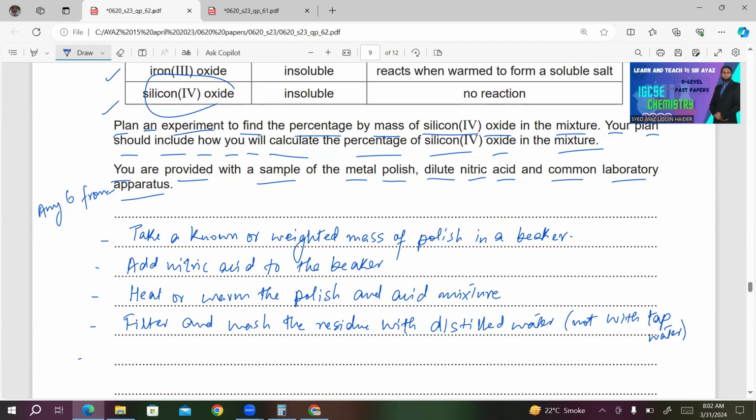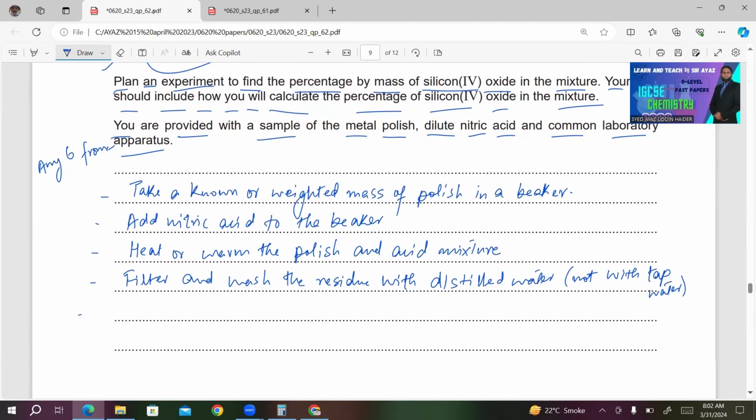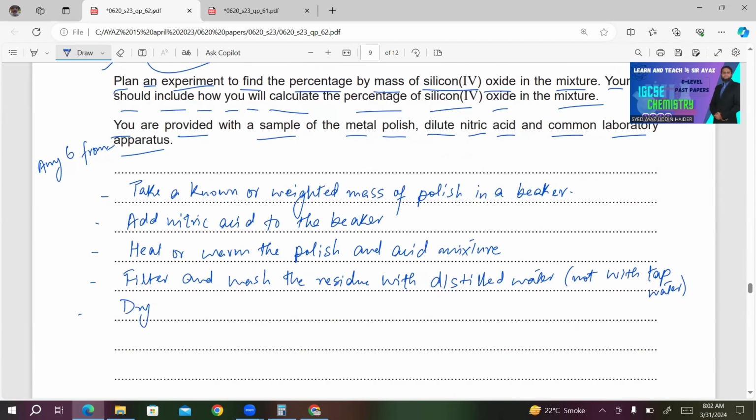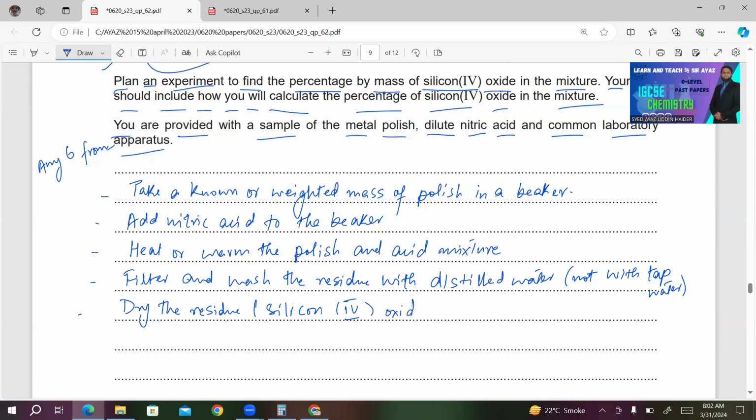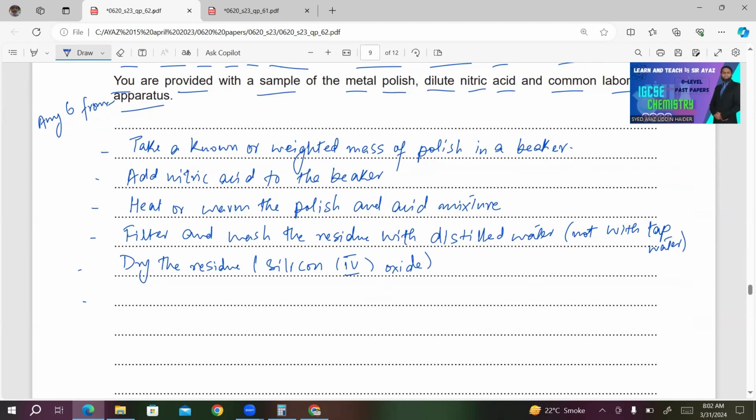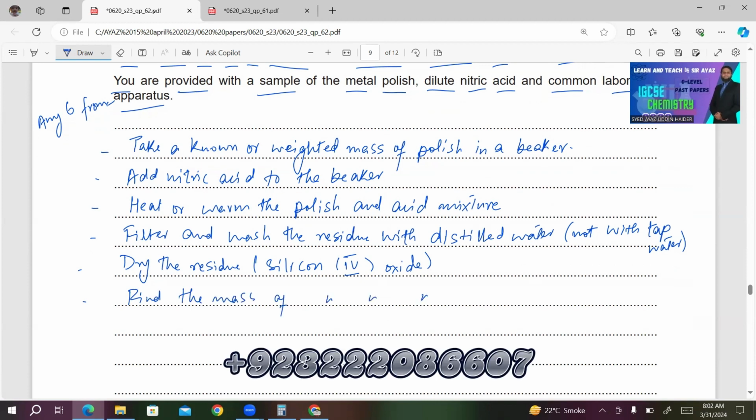Next point, you can dry the residue and give a description of drying, which is silicon 4 oxide here. Then you will find the mass of silicon 4 oxide.